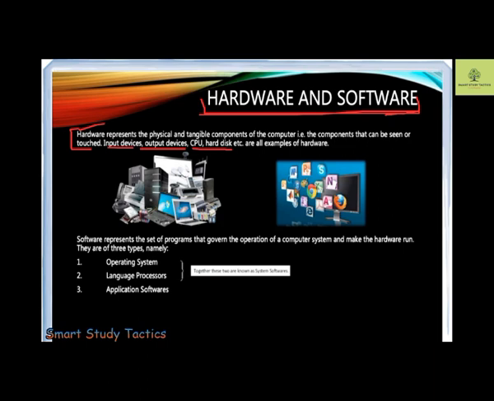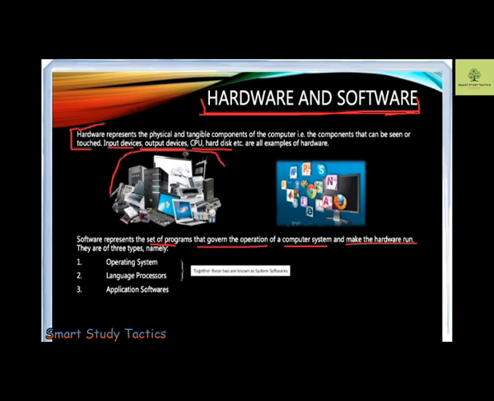But now the definition has changed a little bit. Now you are in class 11th, you have to understand this term. Software represents a set of programs that governs the operation of a computer system and makes the hardware run. This is the important thing. Because if you don't have software, the computer is a dumb machine.